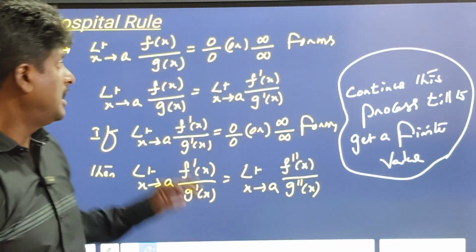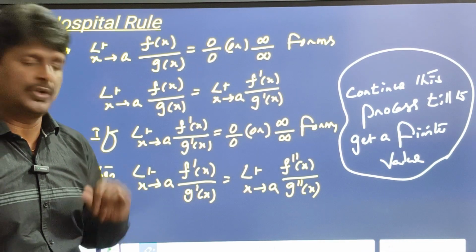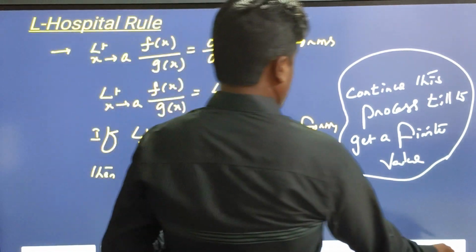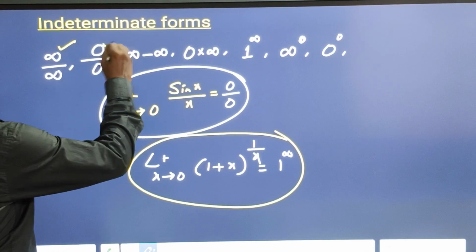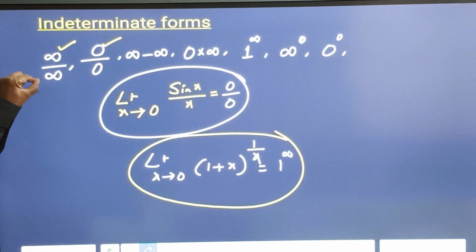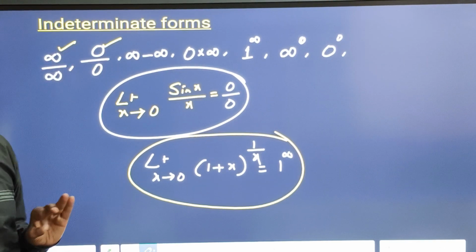So this is L'Hospital rule. Okay. So we have finished two indeterminate forms, either infinity by infinity or 0 by 0.